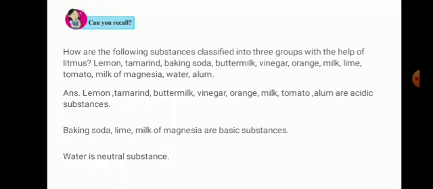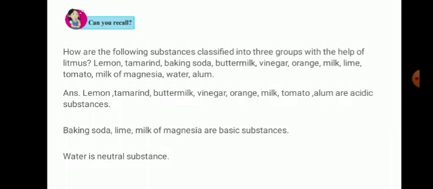And if red litmus paper is dipped into a basic solution, then red litmus paper will turn blue, and neutral substances will not show any effect on litmus paper. So blue will remain blue and red will remain red in neutral substances.